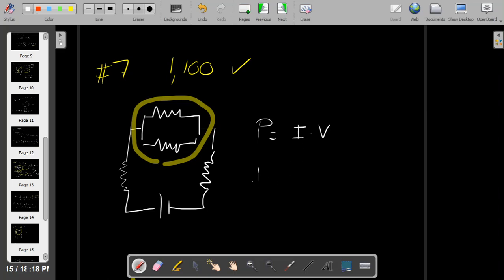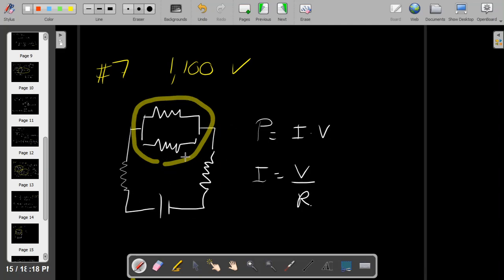But we can find our current by using the formula: current equals voltage divided by your resistance. We need just one resistance, the resistance for the whole circuit.